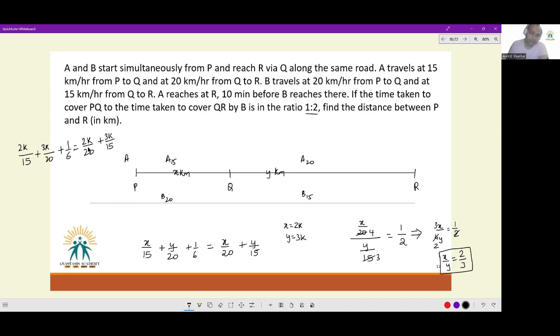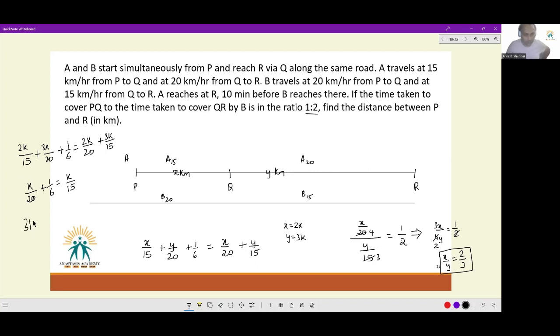Now 3k, 2k, we'll get k by 20 on the left. Let me write k by 20 plus 1/6 is equal to k by 15. 20, 15, so 60 is the best place.